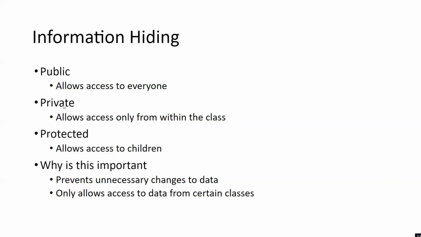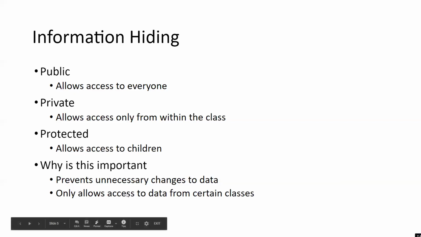So like I said, use private where you absolutely need to, as well as make that your default setting for protecting your variables and functions. And then it only allows access to data from certain classes. So that's also important because we don't want certain classes to have free rein over our data. We want them to only be able to change certain things. So by using information hiding, we determine that access level.